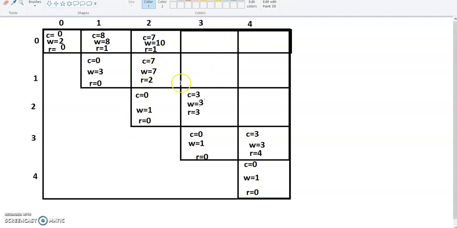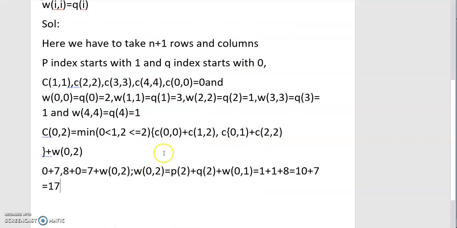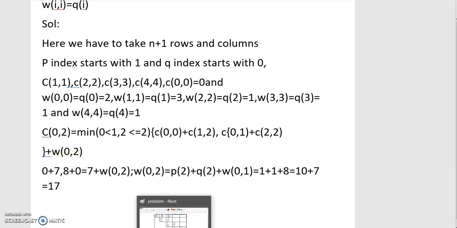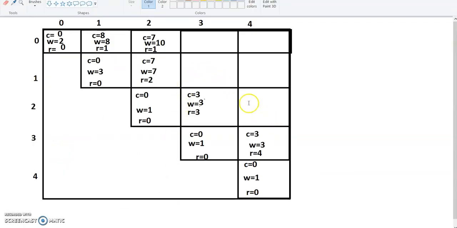Like this, you need to find the minimum value over these two K values, then find the weight, then you will get the cost. In this way you need to find all these.